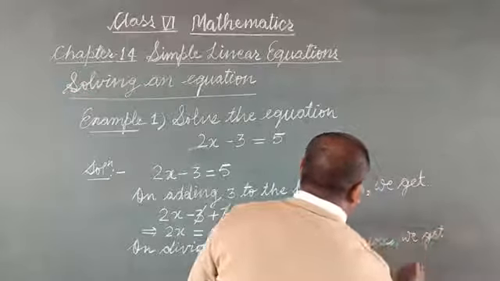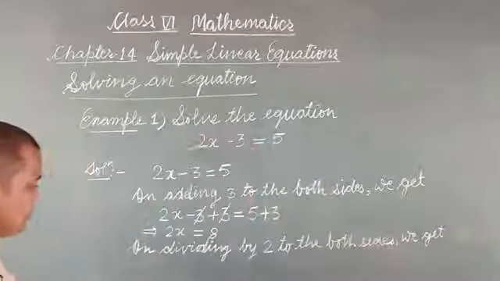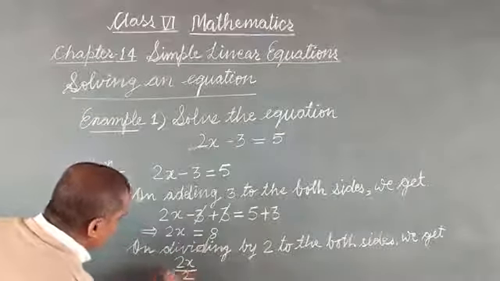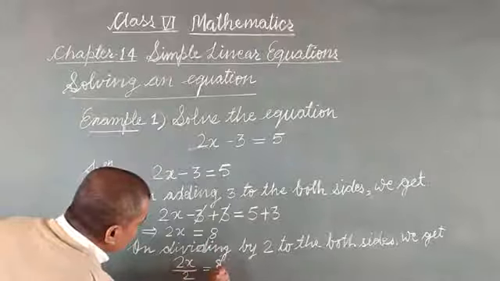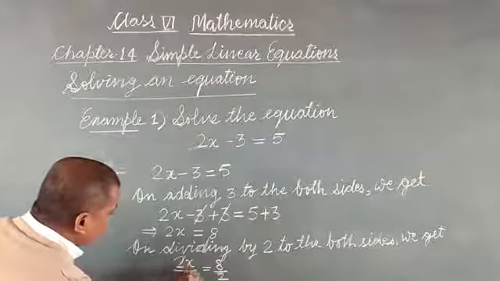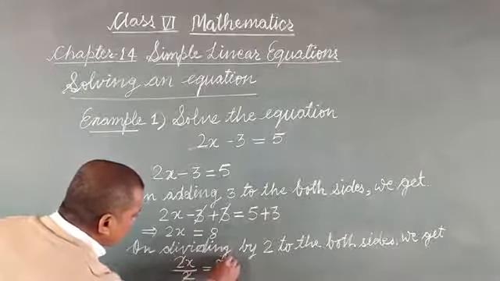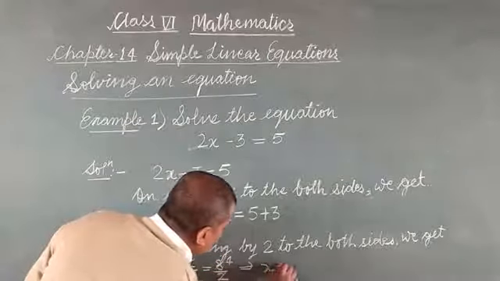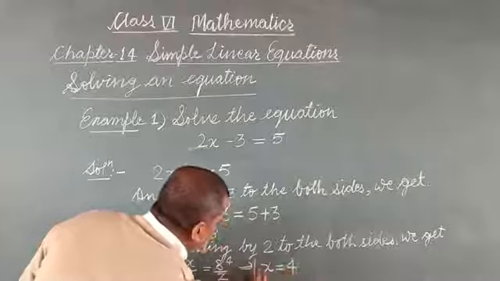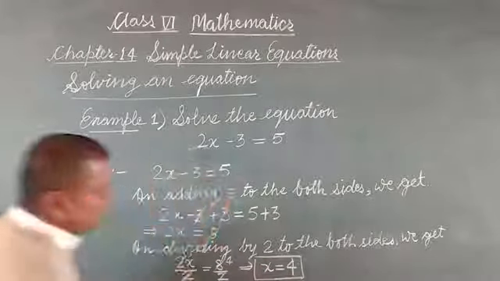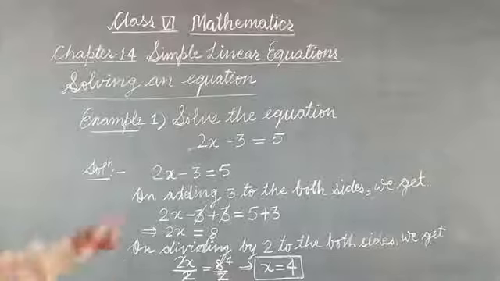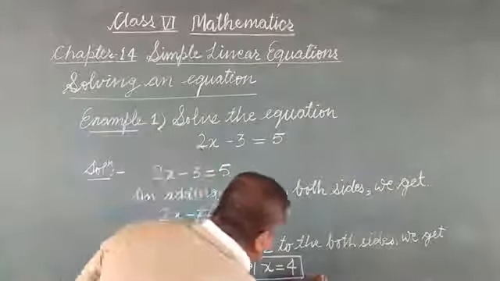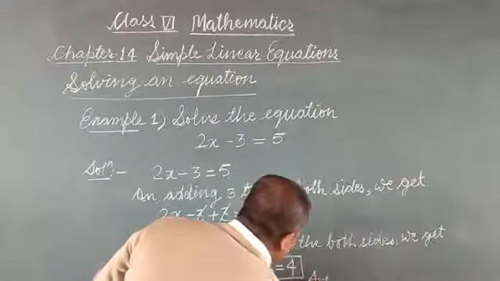So what we get exactly here? 2x by 2 is equal to 8 by 2. 2 cancels, 2 fours are 8. This implies that x is equal to 4. So this is the solution for the variable x of this equation, and here we write answer.